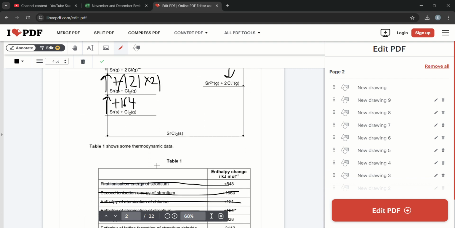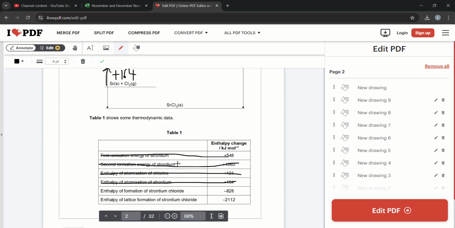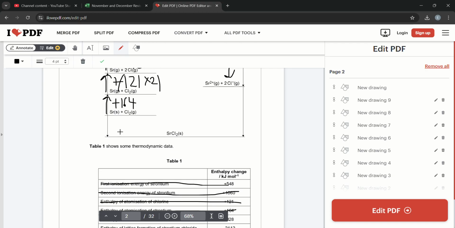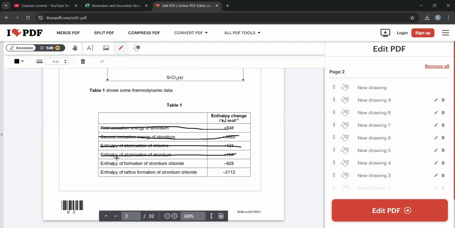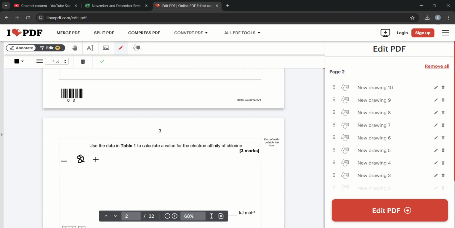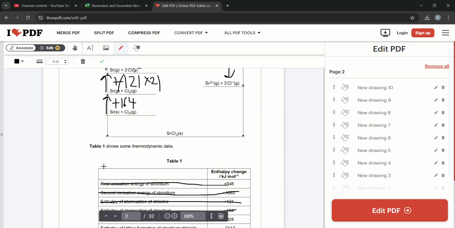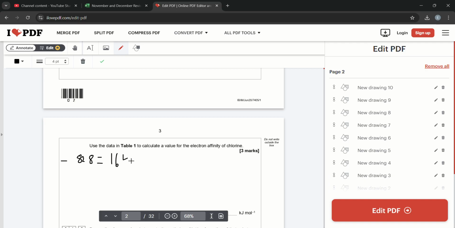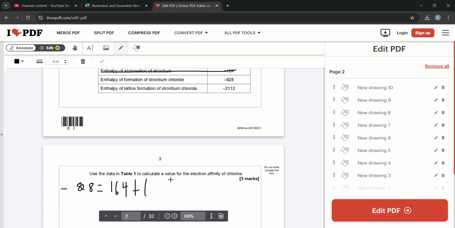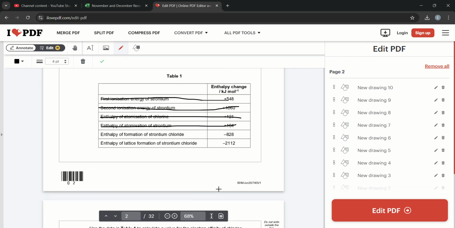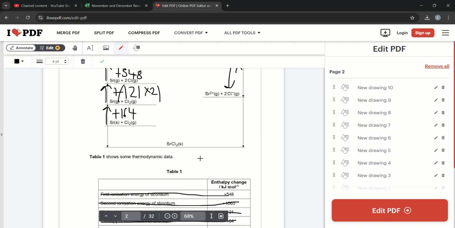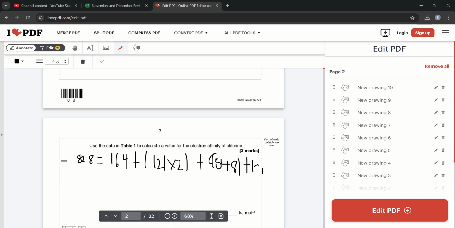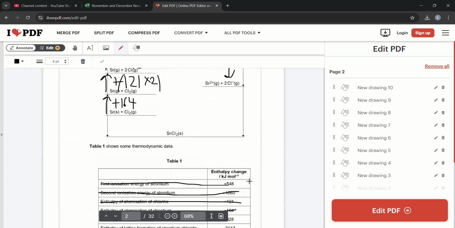So what we can now do is couple the values together. We can say minus 828, the enthalpy of formation, is equal to the rest of them. So minus 828 is equal to 164 plus 121 times by 2 plus 548 plus 1060 plus x, right?